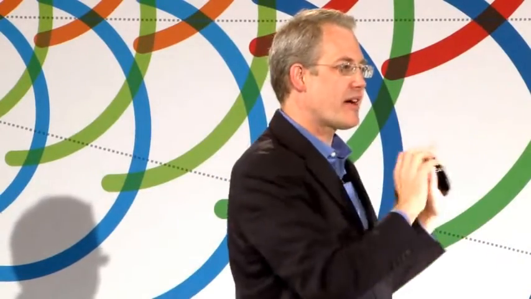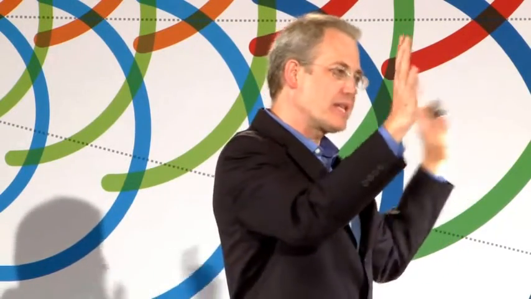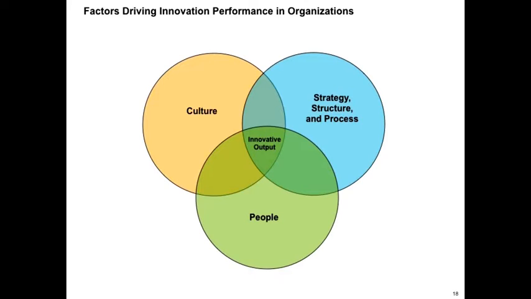All right? Now, until about a year ago, when I would teach this stuff in executive groups, I would argue these were three legs of the stool. You got to work on each one. All three are important. And what I've come to believe is that you should start with strategy, structure, and process. And if you can get that right, in general, the culture and the people will follow.